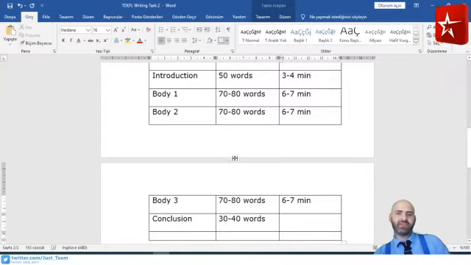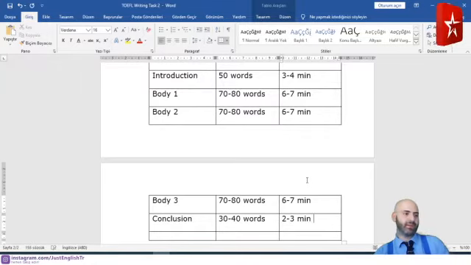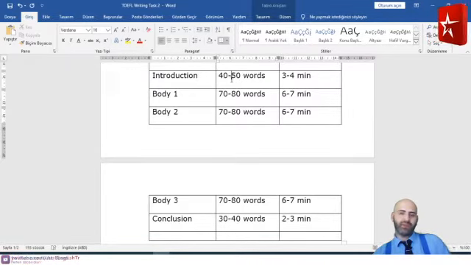And as for timing, maybe we need to take the same as the introduction or maybe a little bit less than the introduction. So let's say 2-3 minutes for this one. Now, the words are totally okay. Let me just change here to 40 to 50. Maybe you can also write 40 words over here.